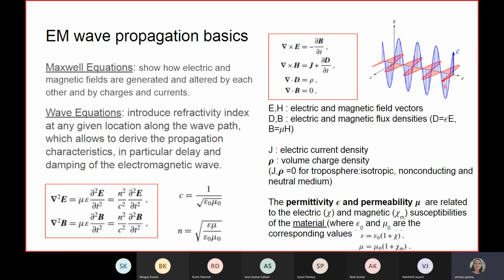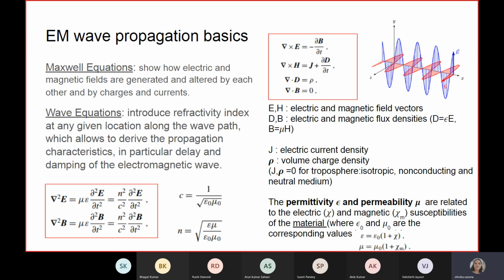So how is this whole propagation delay originating? It originates from the Maxwell equations, which show how electrical and magnetic fields are generated and altered by each other and by the charges or currents they may encounter during passage through a medium.